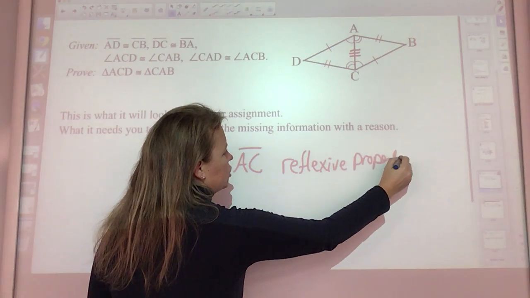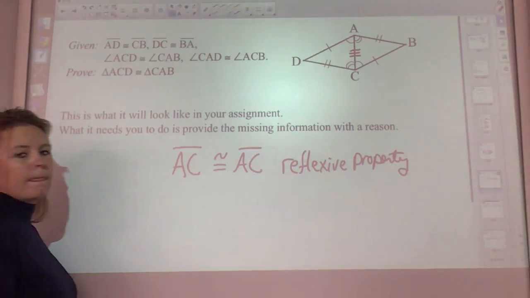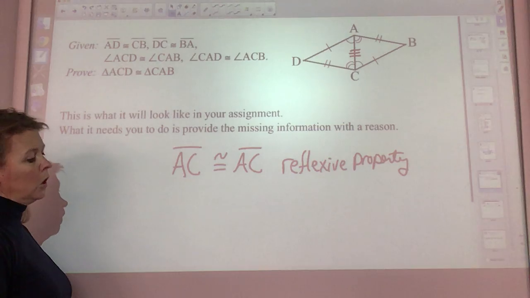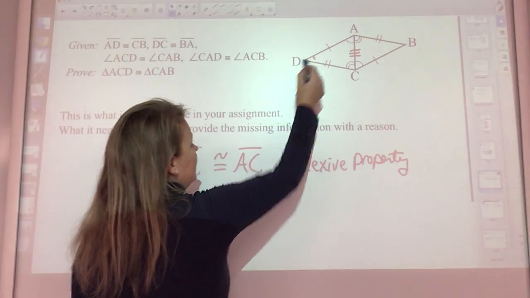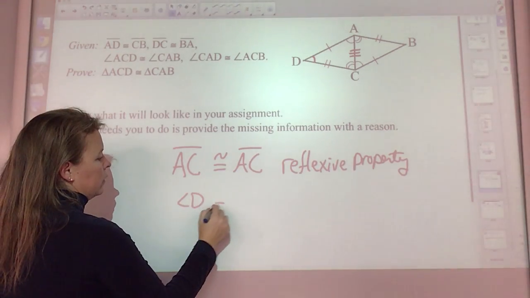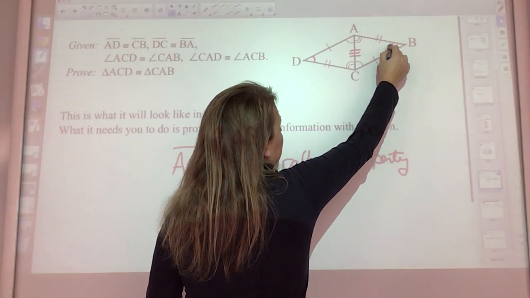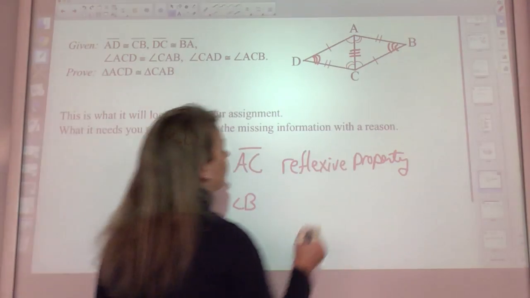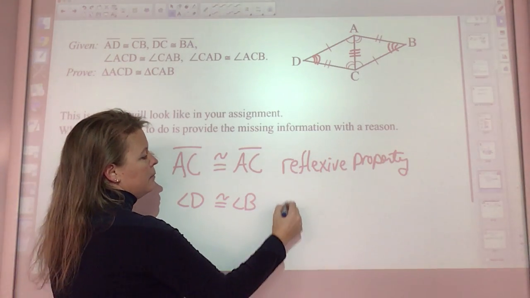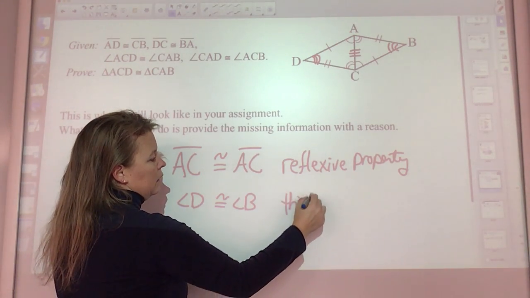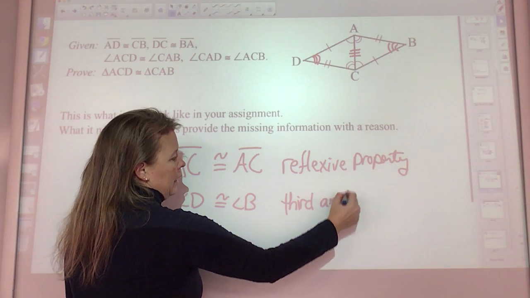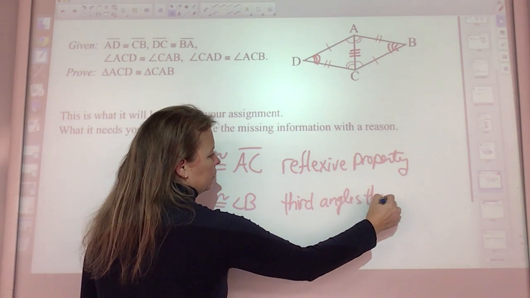Cheat sheet page 2. We also know that angle D is congruent to angle B. I don't know if I have to give you any more hints. Go triple, triple. Why is angle D congruent to angle B? Because, once again, of the 3rd angles theorem.